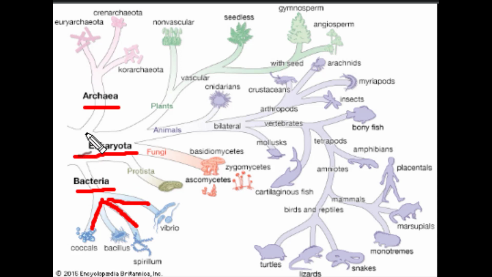On the top, archaea. Archaea is the root word for archaeology, the study of ancient stuff. So what is archaea? Archaea is something that's super, super, super old. An example of this is something called methogens.